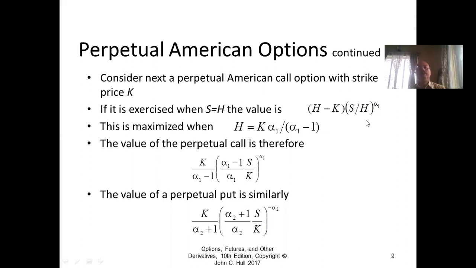So if I want to maximize the value of this perpetual American option, you can simply choose H so that this is maximized, and then the value of that perpetual call will be given by this expression. Here, this part, (S/H) to the power alpha 1, is as of now assumed, which we will talk about later. But given that this is the value of a perpetual call, similarly, a perpetual put can be priced also.